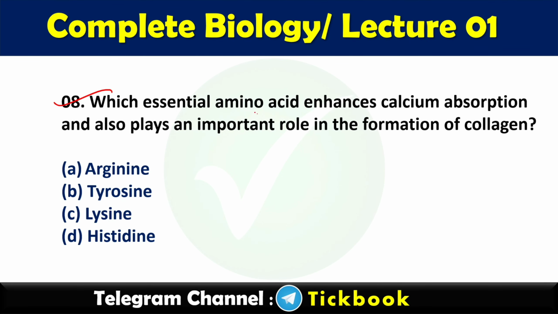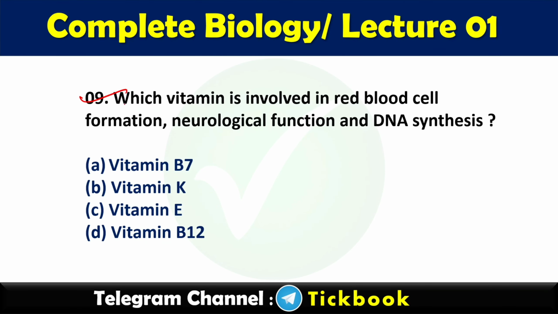Question number 8. Which essential amino acid enhances calcium absorption and also plays an important role in the formation of collagen? Option number C, lysine. Question number 9. Which vitamin is involved in red blood cell formation, neurological function, and DNA synthesis?